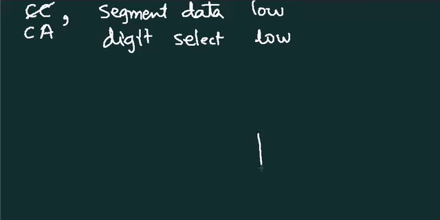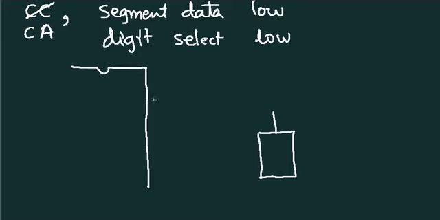So, common anode, I will draw one display initially, then the microcontroller. The digit select line is active low, so I will indicate it with a bubble, just to indicate active low. This does not have any other indication, meaning active low. Then when this goes low, the display should get power.